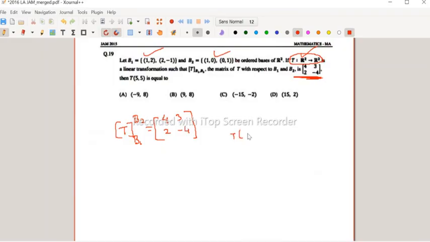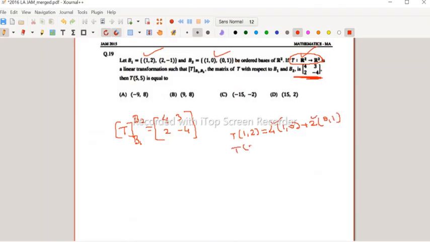T of the first basis element (1, 2) maps to (4, 2) actually. That means 4 times (1, 0) plus 2 times (0, 1), because that way we can take the coefficients and form the matrix.